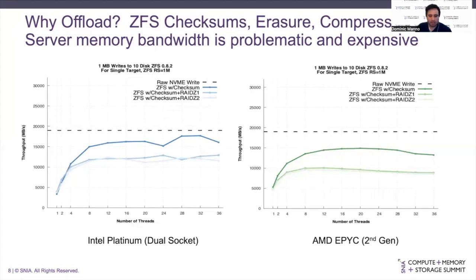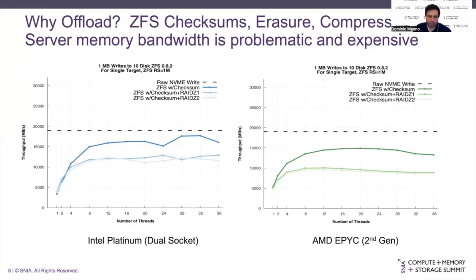The dashed line here is what we expect the raw block performance to be, and it's actually measured raw block performance there. And each line, as it gets lighter, we're adding computational overhead. That first dark line that's closest to the dashed line is just adding a small CPU calculation to calculate a checksum. The next line represents adding RAID Z1 overhead, so one parity drive.